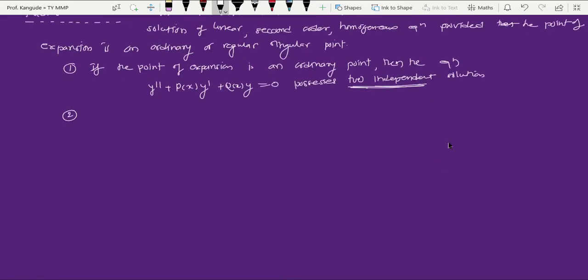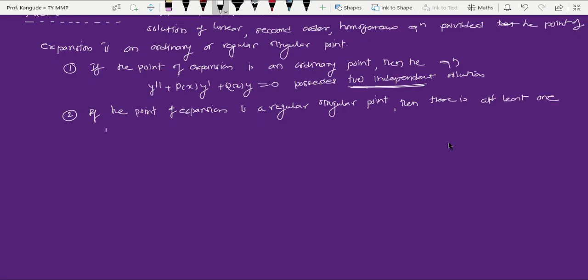Second, number 2, if the point of expansion is a regular singular point, then there is at least one power series solution.